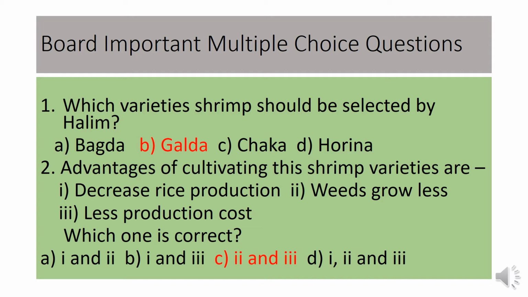Rice production will increase. That's why decreased rice production is not correct. Weeds grow less is correct. Low production cost is also correct. So the answer will be 2 and 3, that is option C.